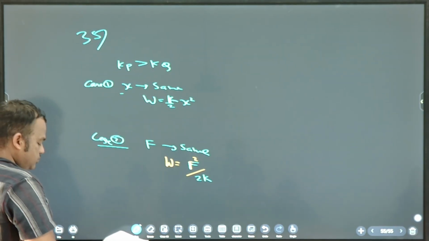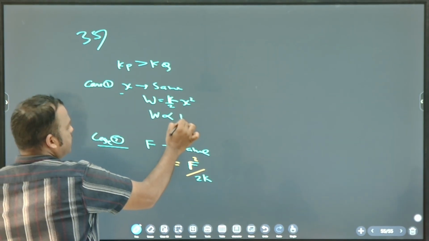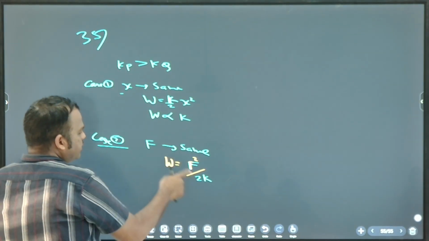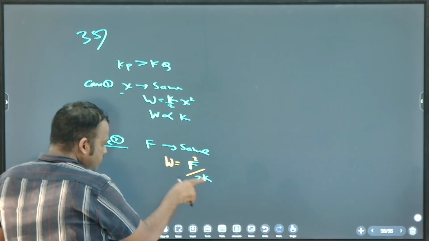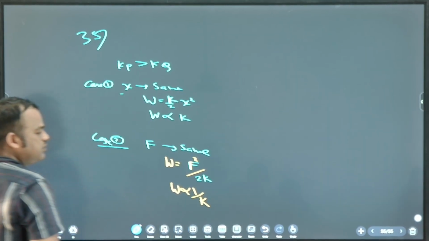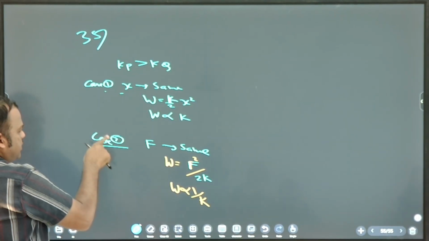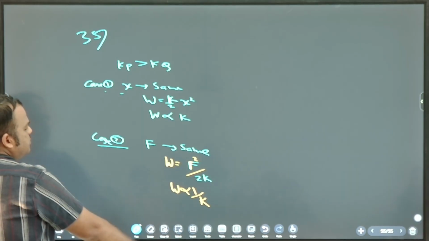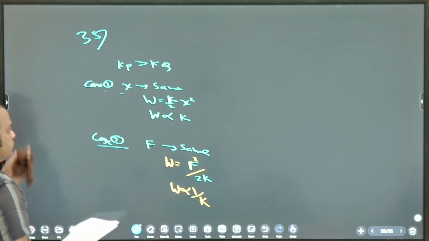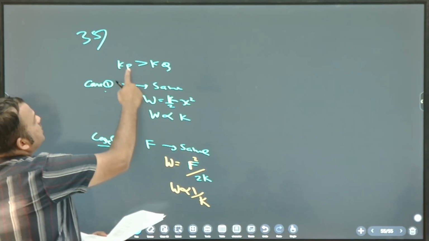So in case 1, work done is directly proportional to K. In case 2, force is same, so work done is inversely proportional to K. Case 1, more K means more work. Case 2, more K means less work. So in case 1, which is greater?